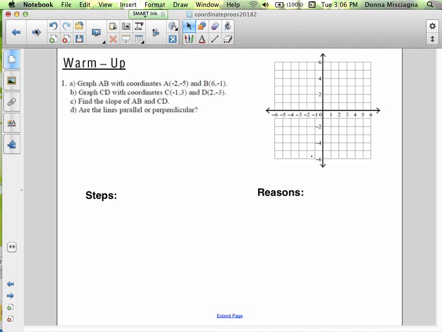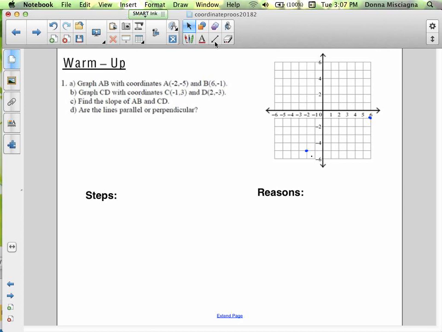We're going to graph AB with coordinates -2, -5. So we'll graph the point -2, -5, and 6, -1. All right, and then I'm going to connect those, and you do the same.